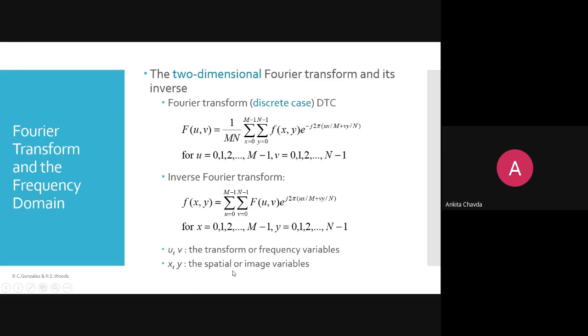And x and y are the spatial, or you can say image variables. Please note it down.